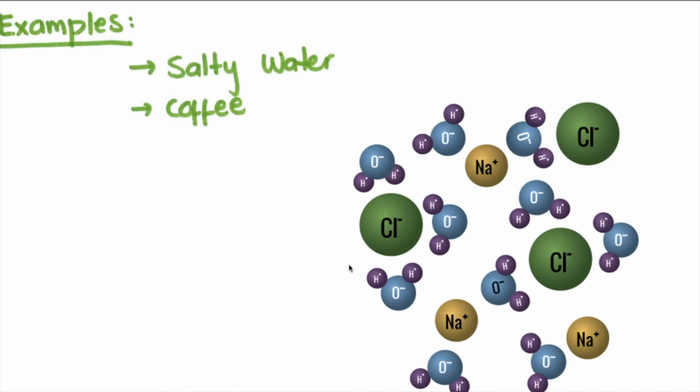So if we look at a diagram, this is a diagram of salty water. If we look up here, you can see that we have different ratios of all the elements and all the molecules that are here. You can identify here a molecule of water, and you can see that here we have sodium and chloride and chloride and chloride and sodium and sodium.